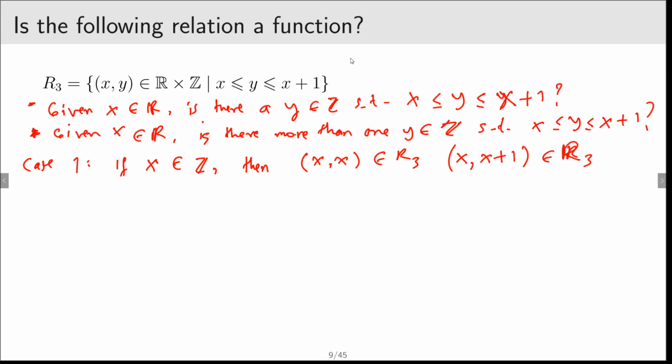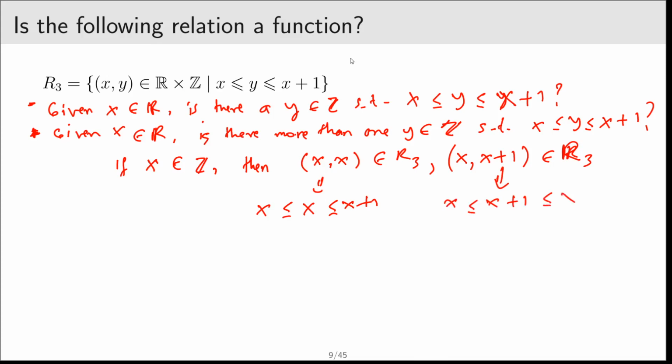So in fact we don't need the other cases. If x is an integer, then both (x, x) and (x, x plus 1) are in R3, because x is less than or equal to x, which is less than or equal to x plus 1, and x is obviously less than or equal to x plus 1.